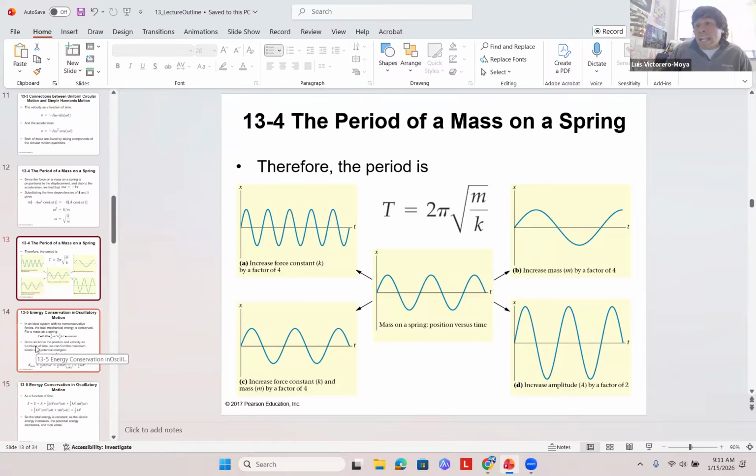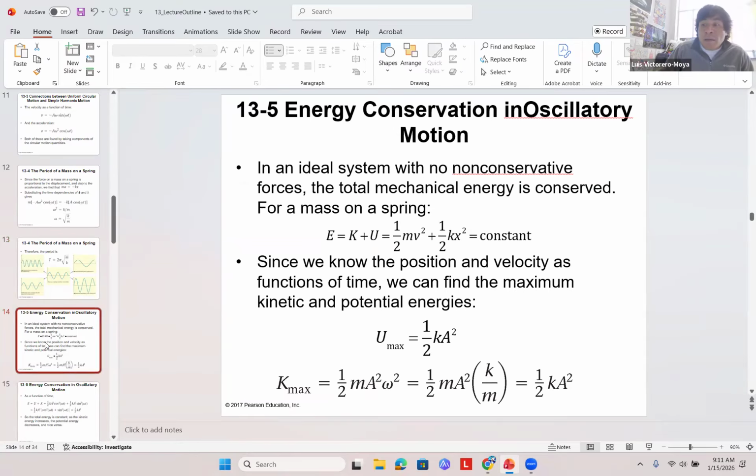Now for the energy of this, you have the mechanical energy, kinetic plus potential. Now we don't have gravity, so the potential is elastic, given by 1/2 kx squared. How do you get that? By integrating kx dx. You can integrate F dx, that's basically work.